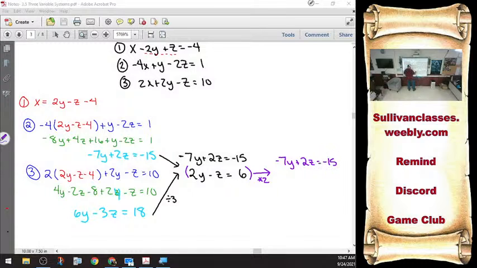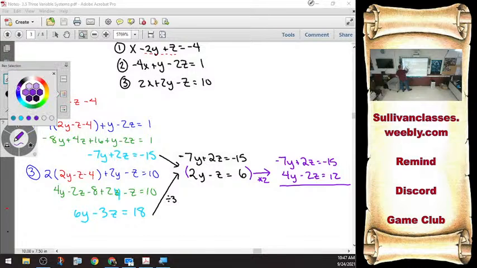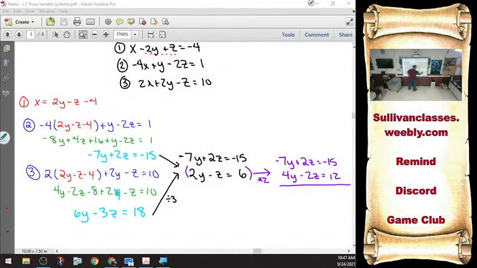I'm going to take this guy times 2. 4y minus 2z is 12. And I get negative 3y, cancel town, is negative 3. Y is just 1.